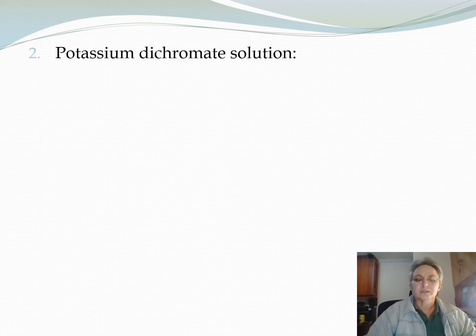The second one I want us to look at is a potassium dichromate solution.